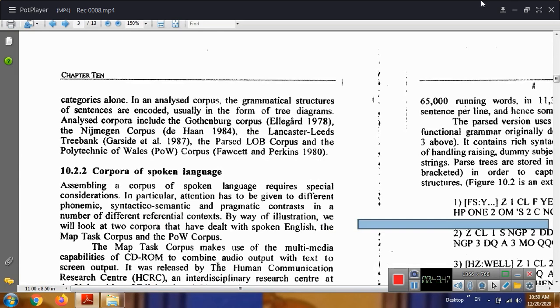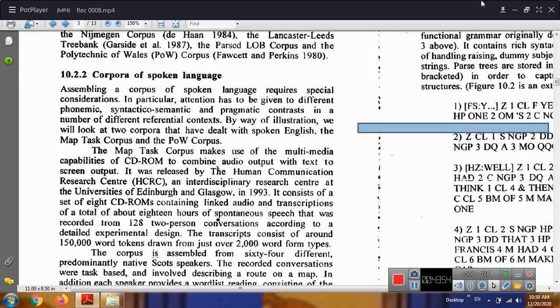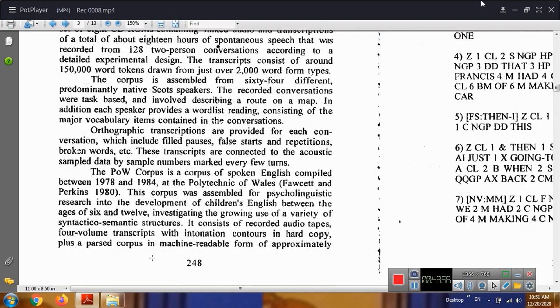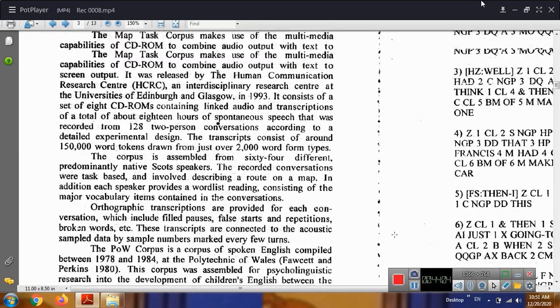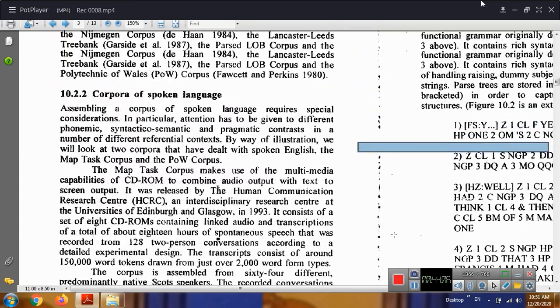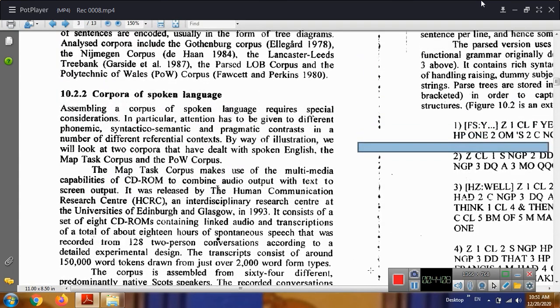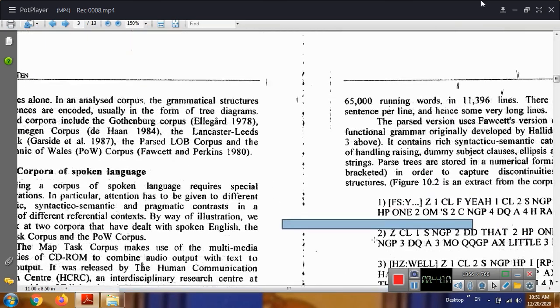Now we say something about corpora of spoken language, of which we had so many examples, like the POW corpus, which is one kind of spoken language corpus.